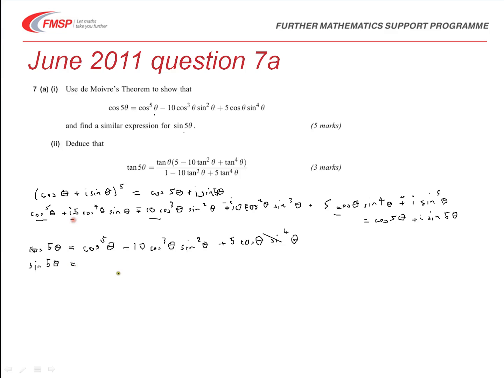Well, we got this one, which is 5 cos to the 4th theta sine theta, and then we got minus 10 cos squared theta sine cubed theta, and then finally at the end we got a minus sine to the power of 5 theta.